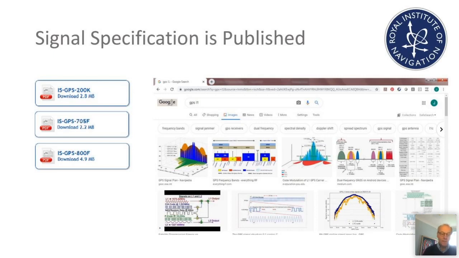All good stuff. Unfortunately, more recently, particularly, there's been a lot of intentional interference for a whole variety of reasons, which Guy will go into detail on. But the fact that the signal specification is published and unencrypted and openly available doesn't help. Let's say that.